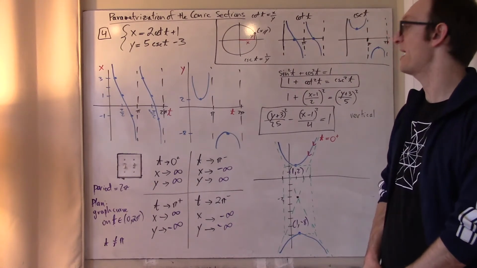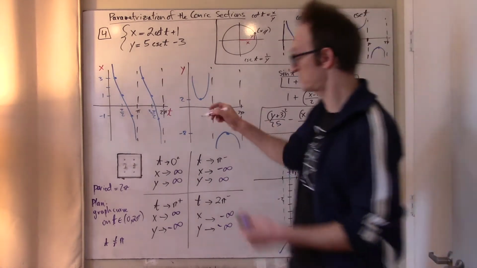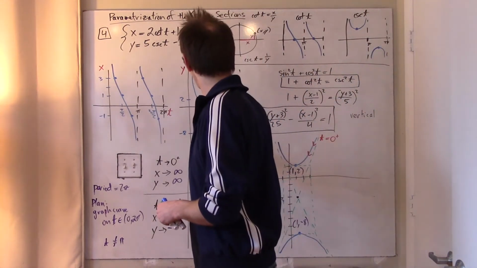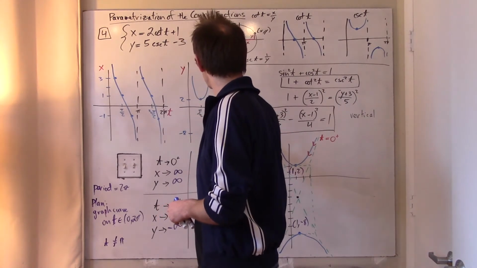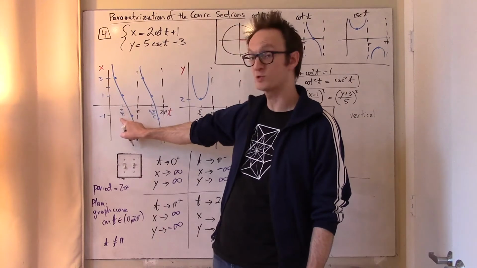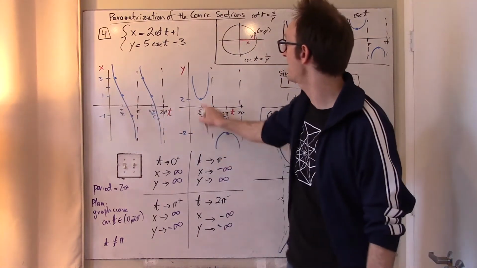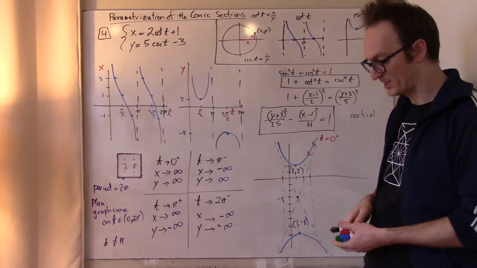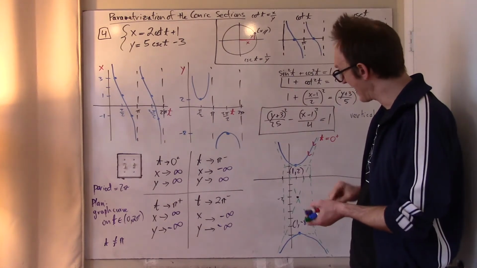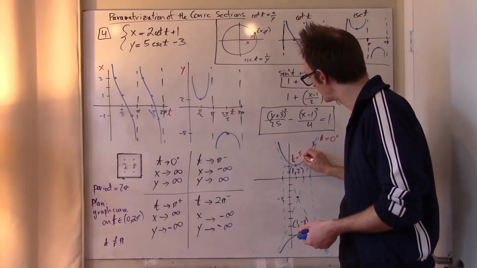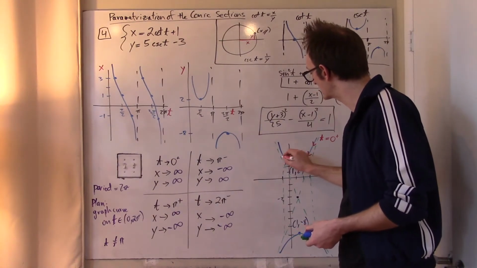Where am I at pi over 2? Well, this is pi over 2 right here, and that's 3 pi over 2, of course. When t is pi over 2, x is 1 and y is 2. So this exact point, (1, 2), the vertex of this hyperbola, is where I am at t equals pi over 2. So it's all making sense.